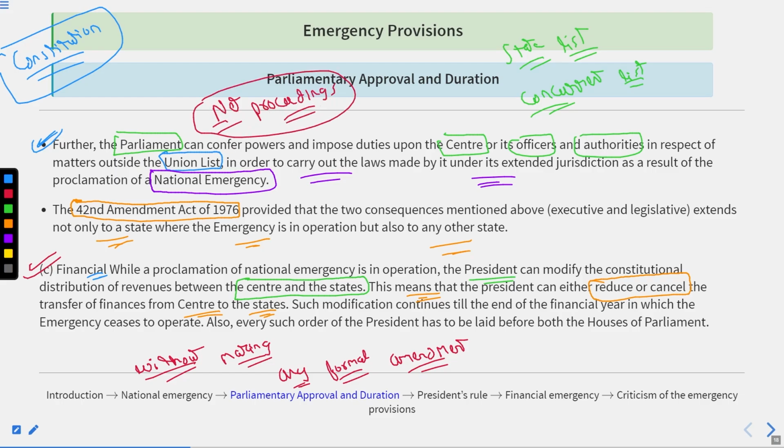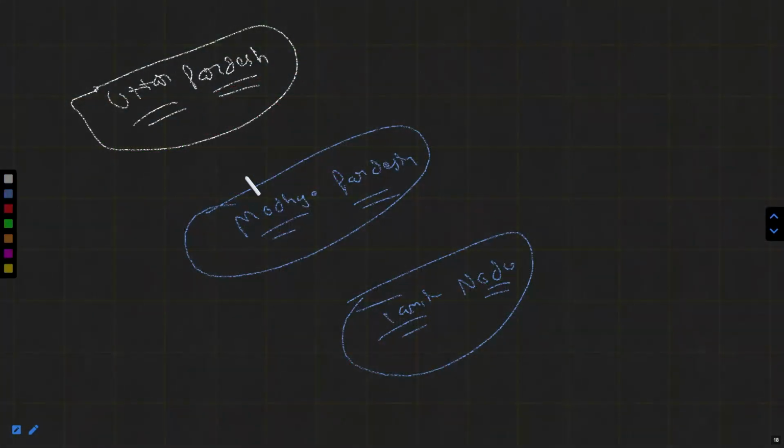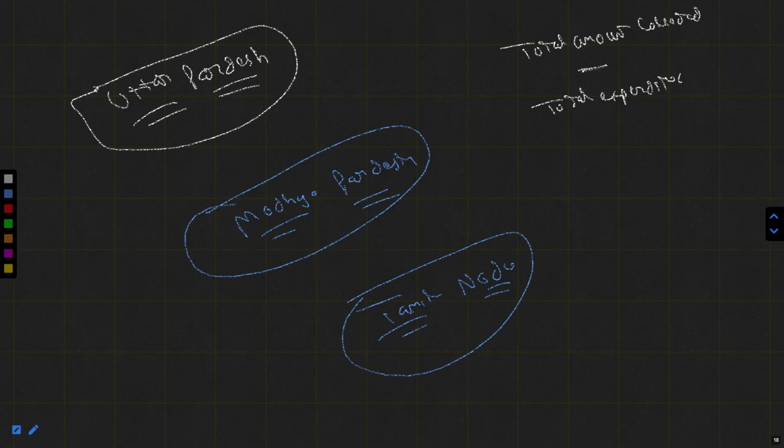Net proceedings are calculated by subtracting the total expenditure incurred in collection from the amount collected through taxation.